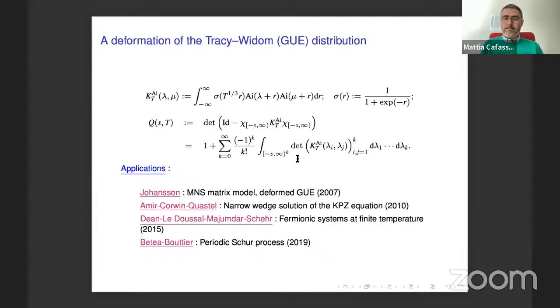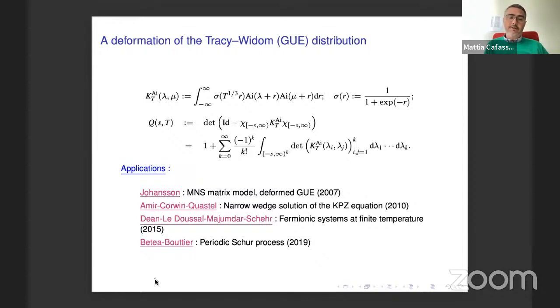This is a distribution function that already appeared in the literature. There is an article in 2007 by Johansson in which he relates this to these matrix models and also a sort of deformed GUE. And probably, up to now, the most important application is that this distribution appeared in the study of the narrow wedge solution of the Kardar-Parisi-Zhang equation.